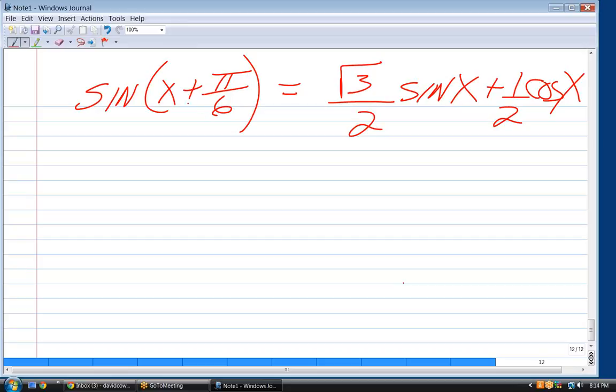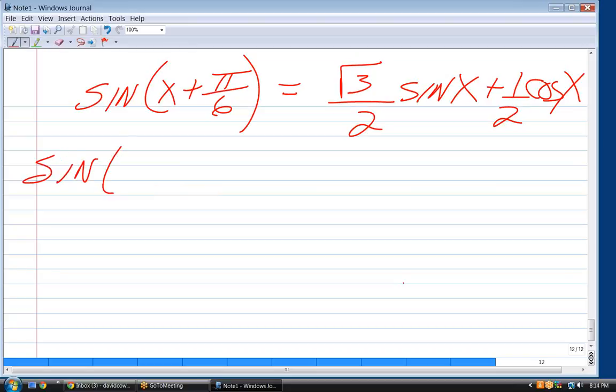Here, notice we're not looking at anything that resembles x minus pi over 2 or pi over 2 minus x. So we can't use the cofunction properties. But we can use the sum and difference formula.